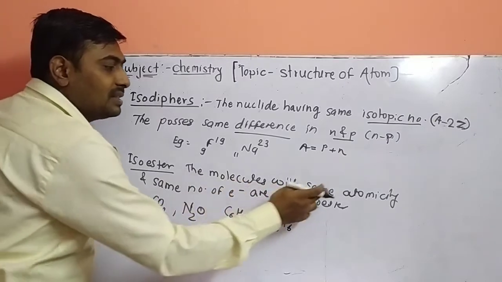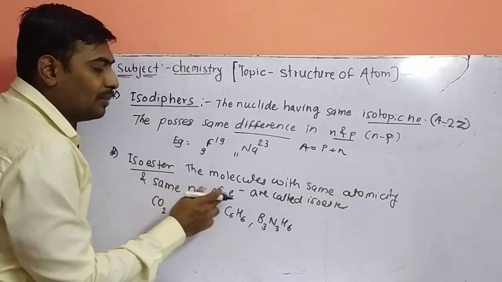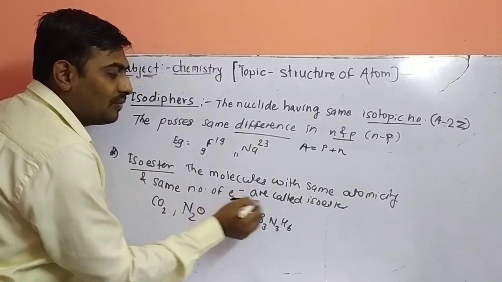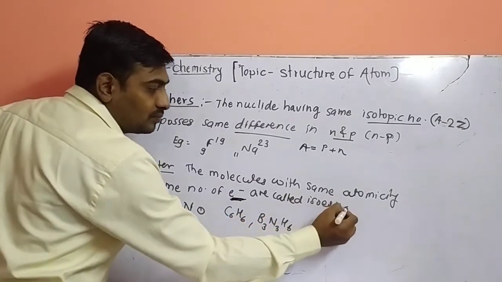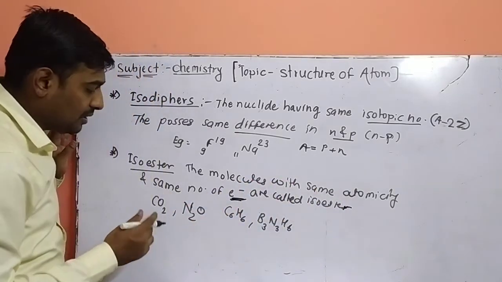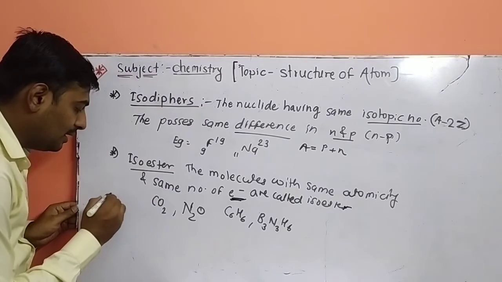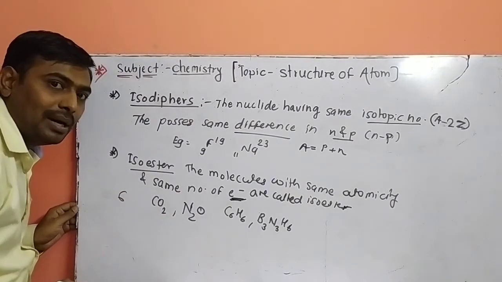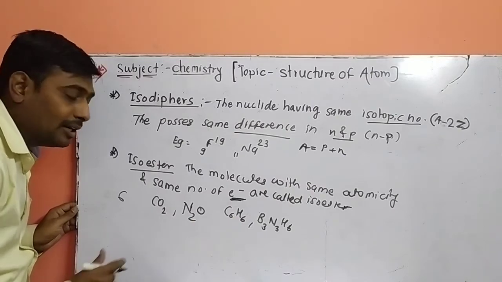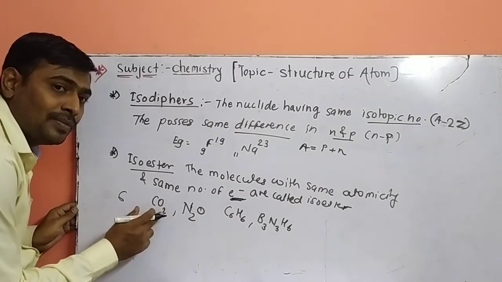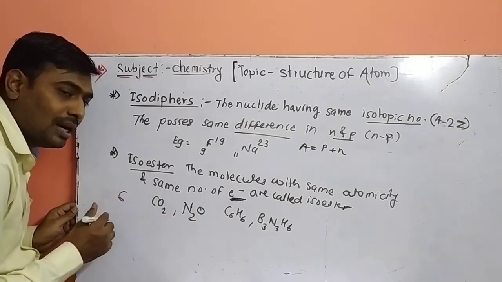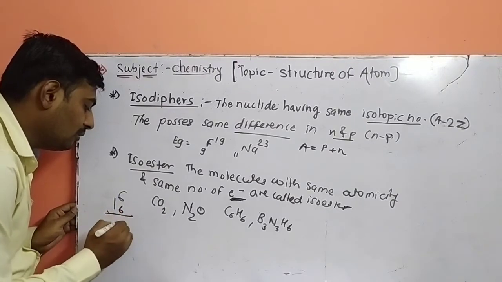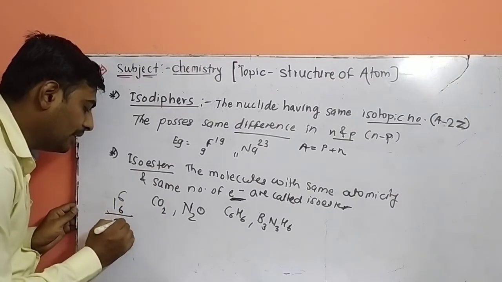Molecules with the same atomicity and the same number of electrons are called isoesters. See, carbon atomic number 6 means 6 electrons. Oxygen atomic number 8 means 8 electrons, and there are 2 oxygen atoms, 8 twos are 16, so it will be around 22.